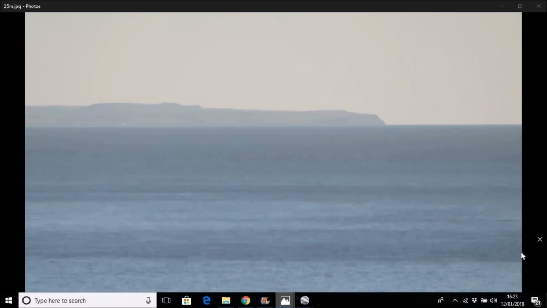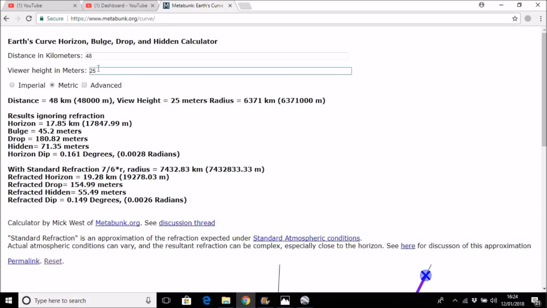We don't see any of the land in the distance at all because it's only 20 meters above sea level, 22 meters maybe at the highest point. And obviously, if we go to 5 meters, then everything below 100 meters at that distance should be obscured from our view.